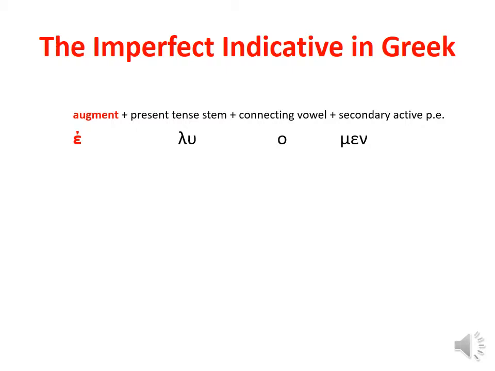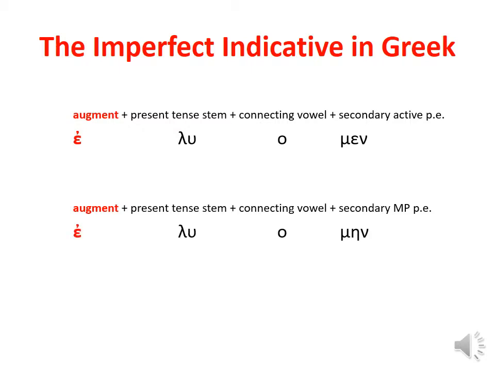So with the active imperfect, we use a new set of endings, the secondary active set of personal endings. Now the third set of personal endings you've learned. And I'll show you those in a moment. In forming the imperfect middle and passive, formation is the same. You use an augment, a stem, a connecting vowel, and secondary personal endings, but now the secondary middle passive personal endings, the fourth set of personal endings, and the final set of personal endings you'll need to learn.